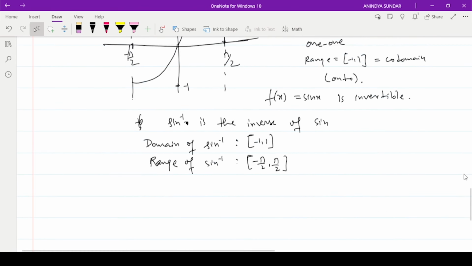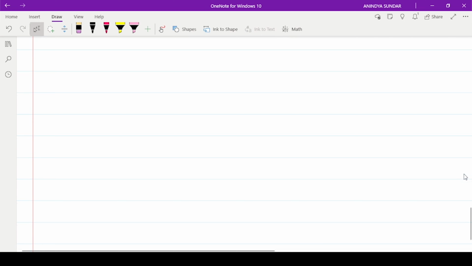Okay, now what will be the graph of sine inverse x? How to draw it? So if I know the inverse functions, how to get an inverse function? In an inverse function, the domain and codomain swap, the x-axis, y-axis changes. Suppose f of x equal to y.